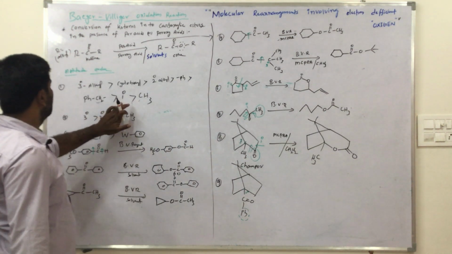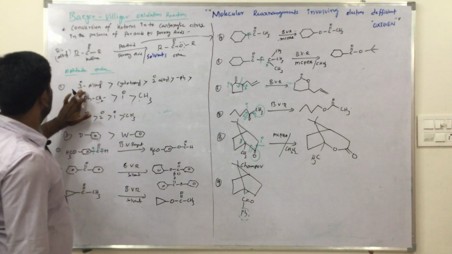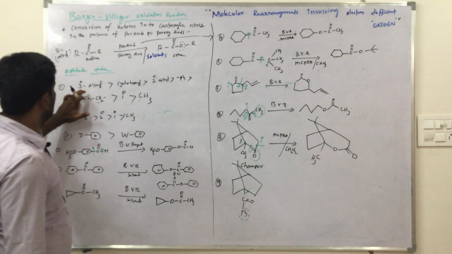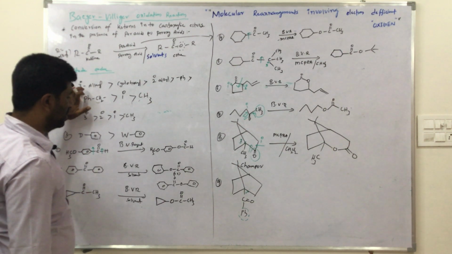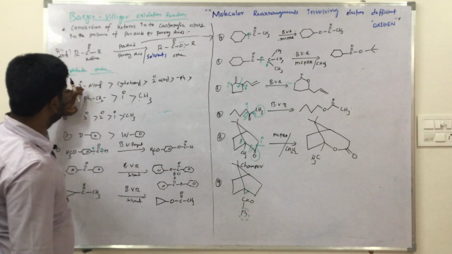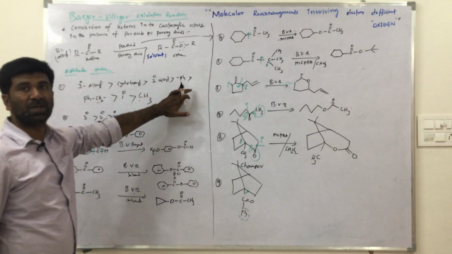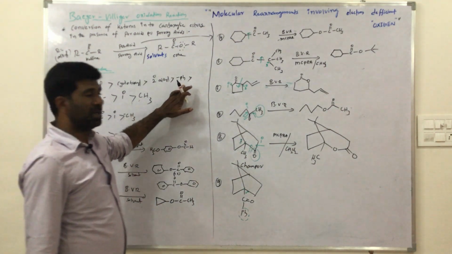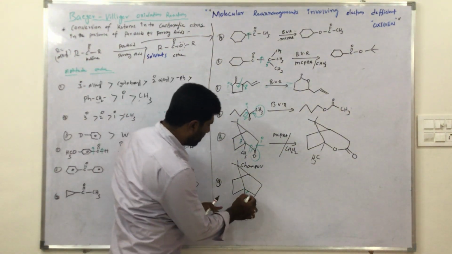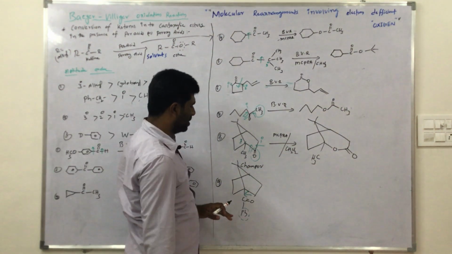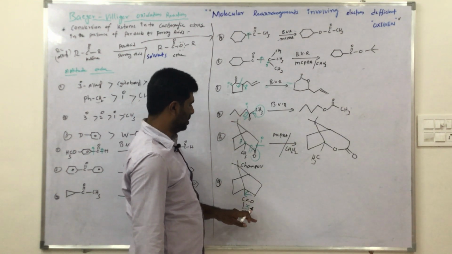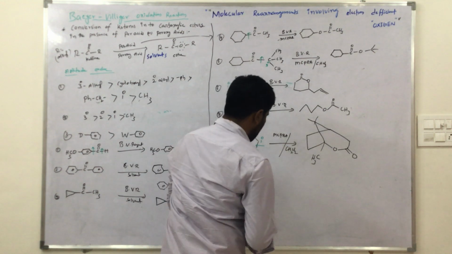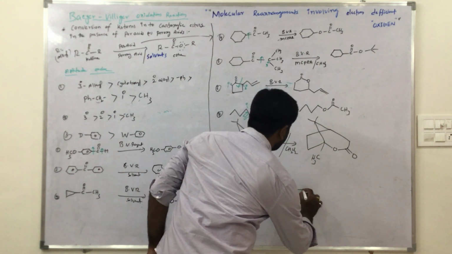As per our order, tertiary is here, right? And where is phenyl? Here the phenyl group is there, right? So at which place does insertion take place preferably? This is not for this. This is most preferable. This is not preferable.